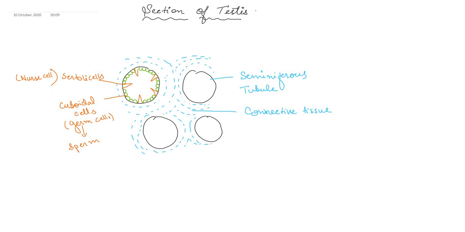This connective tissue is known as interstitial connective tissue. In interstitial connective tissue, there is a mass of cells, as you are able to see here.